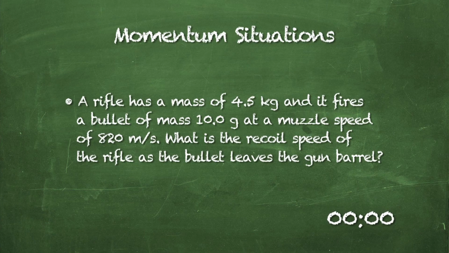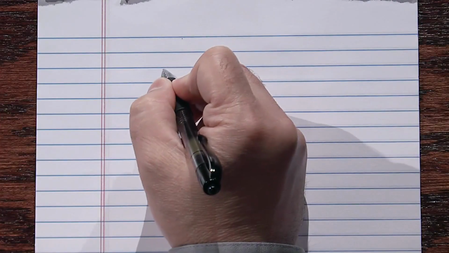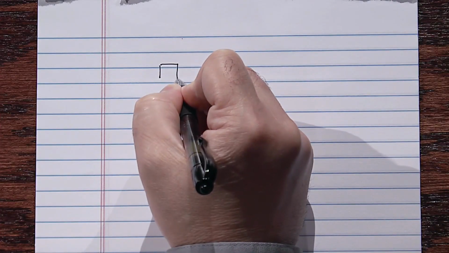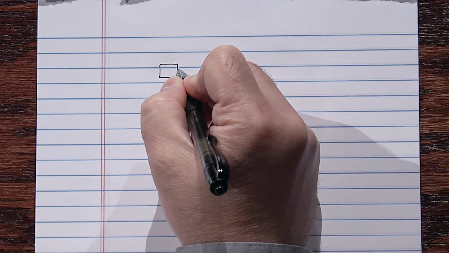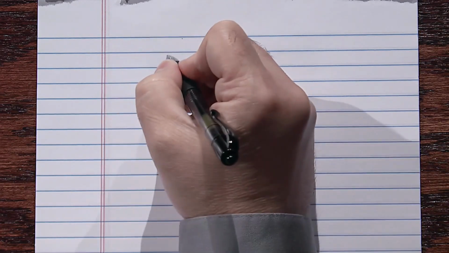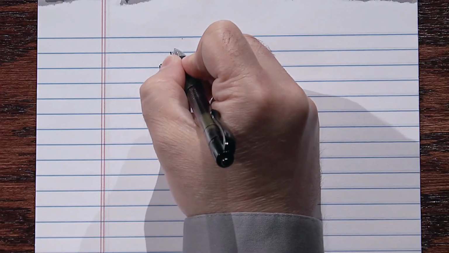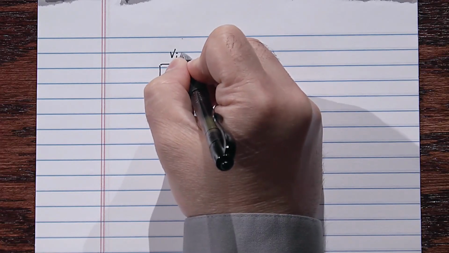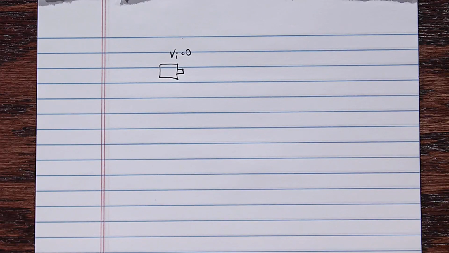Okay, I will draw the rifle and the bullet as both blocks. They both have a V initial of 0.